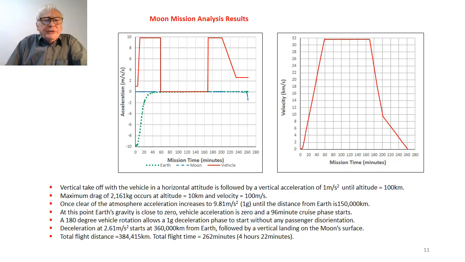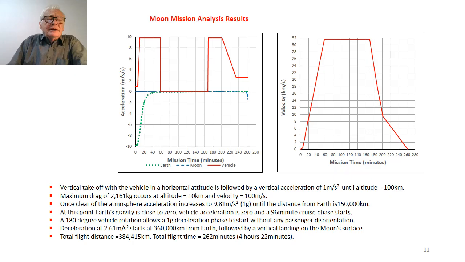We also plot the Earth's gravitational acceleration, which is shown as green dots, and the moon's gravitational acceleration, which is shown as the dashed blue line.